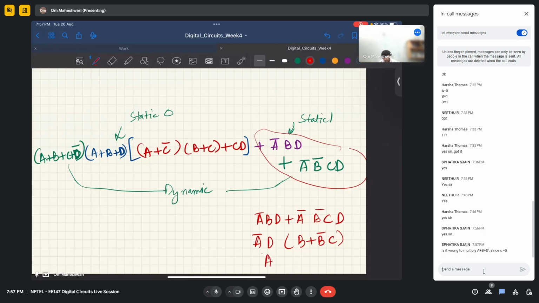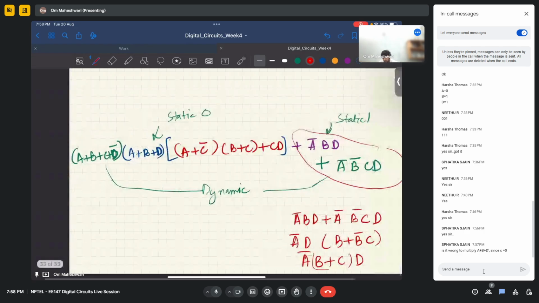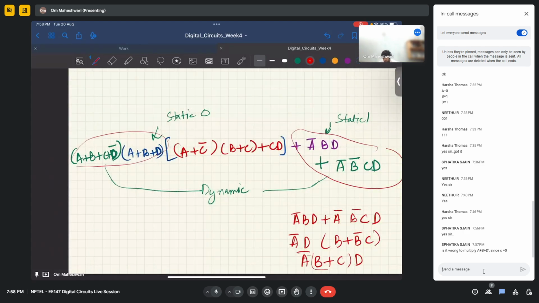So a bar, b plus c, d. And here in these two terms, you take a plus b common, we have remainder c plus d bar and d.